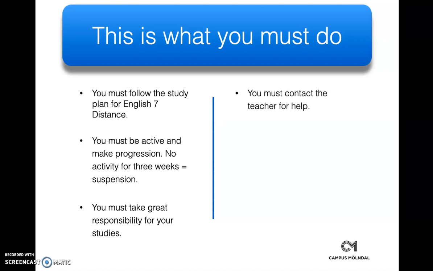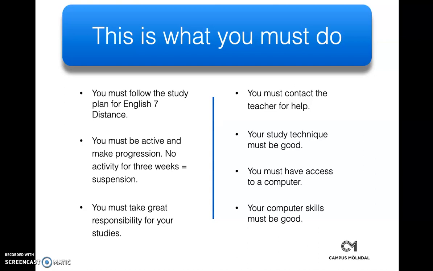You must contact me for help. Your study technique must be good, and you must have access to a computer, and your computer skills must be good. So these are the things that you must do.